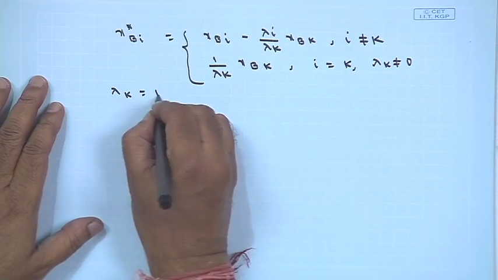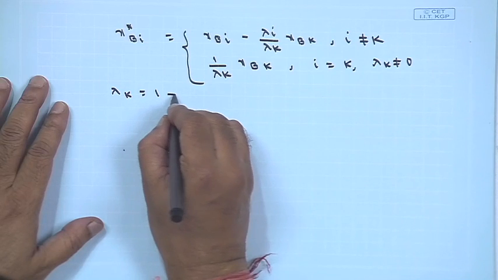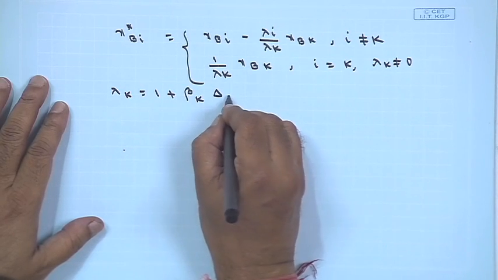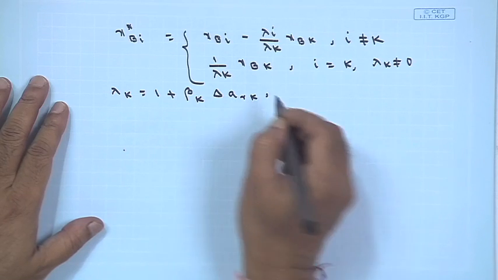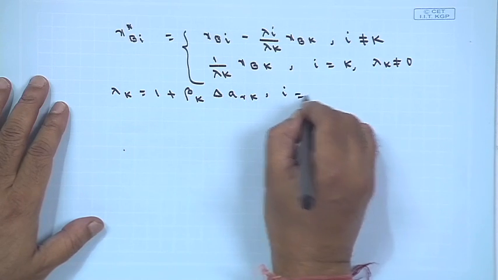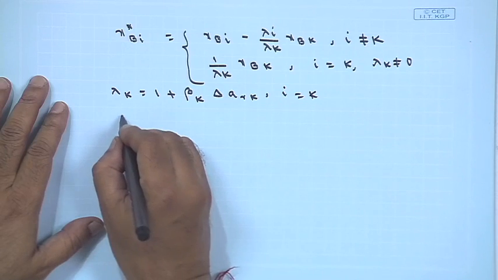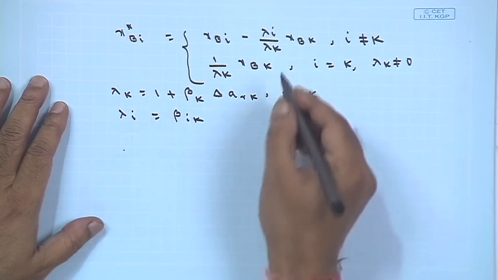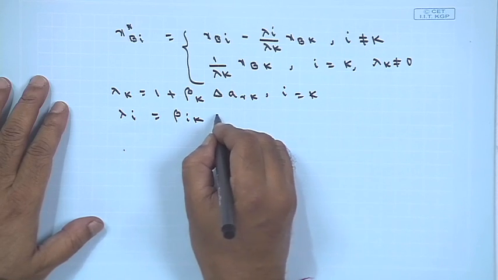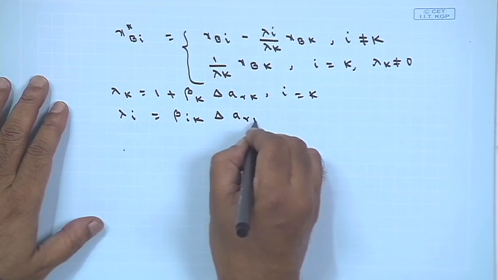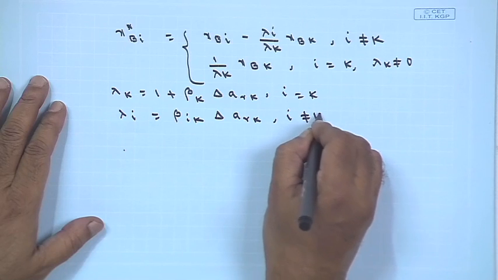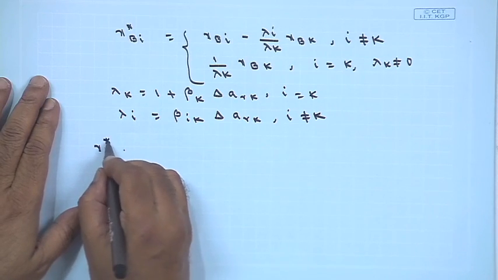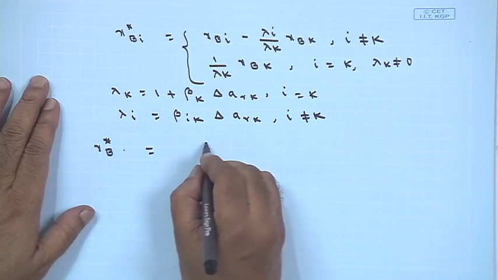Your lambda k equals 1 plus beta k k into delta a r k, whenever I equals k, and your lambda I equals beta I k into delta a r k, whenever I is not equal to k.